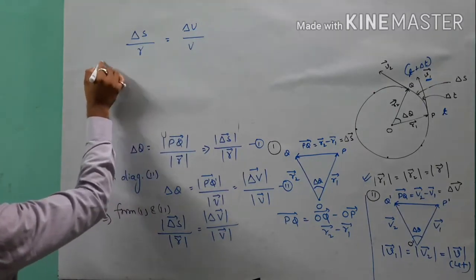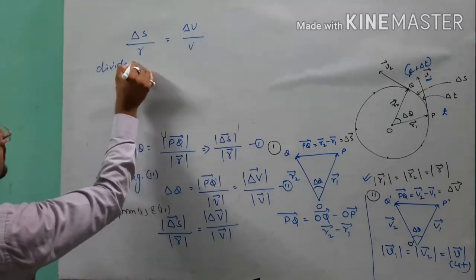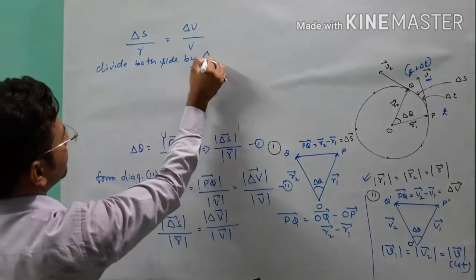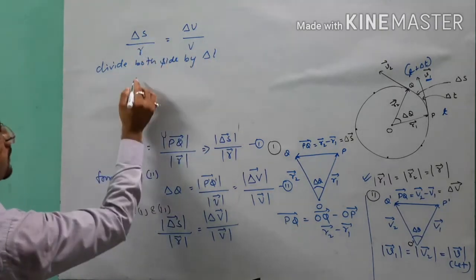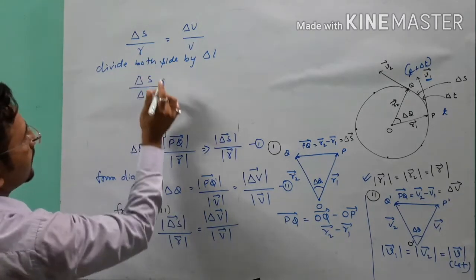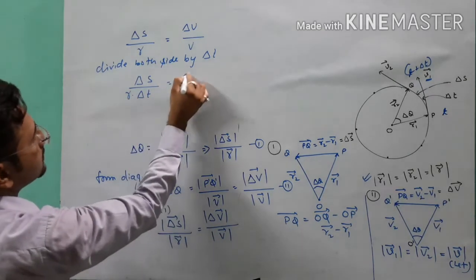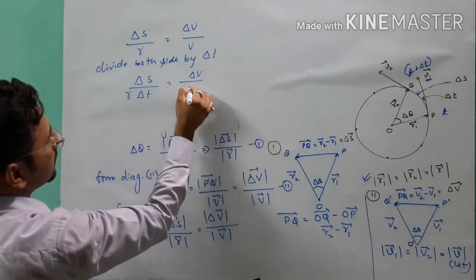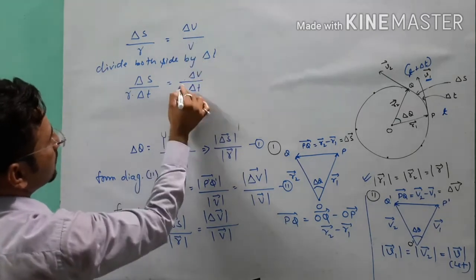So you can divide both sides by delta t. When you divide both sides by delta t, you will see the new formula: 1 upon r into delta s over delta t is equal to 1 upon v into delta v over delta t.